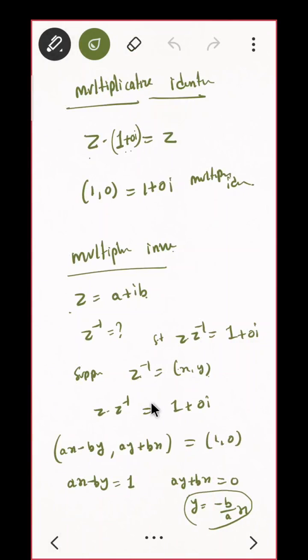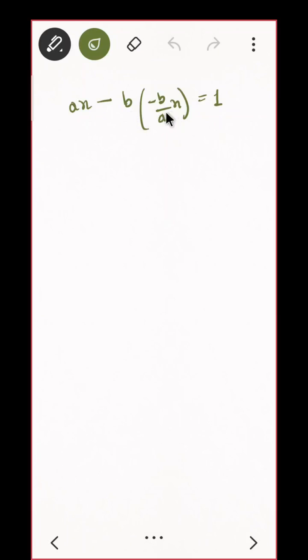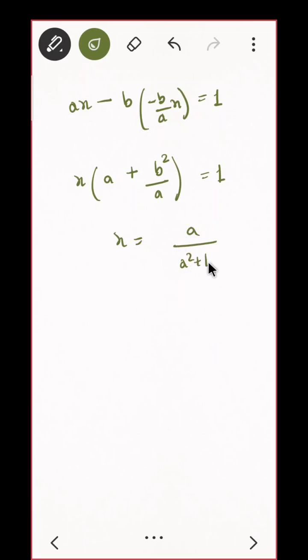I'm putting at the place of y this value minus bx by a, so this will be this. Now can we get the value of x? So this will become minus minus plus, x is outside, I can take it outside, so this will be a plus b square upon a, correct, and that is 1. So what will be the value of x? It will be a upon a square plus b square. So this is your x. Can you get the value of y?